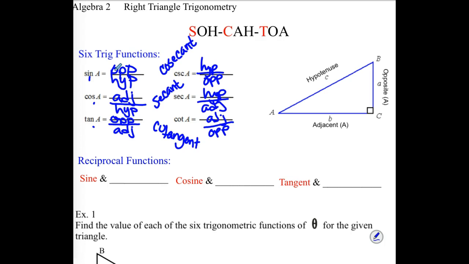When we talk about opposite and adjacent, we have to reference a specific angle. In our picture here, we've got our right angle.